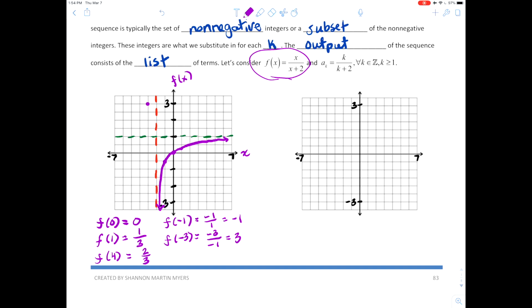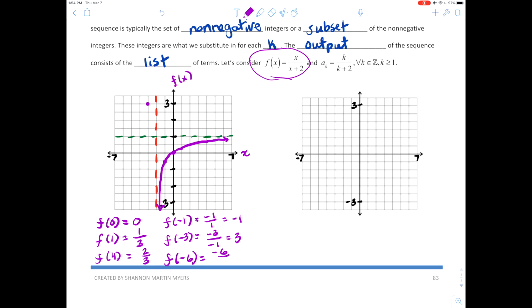And then we have this asymptote here. So what happens is, let's do another value that's further to the left. Let's do f at negative 6. So that'll give us negative 6 over what?